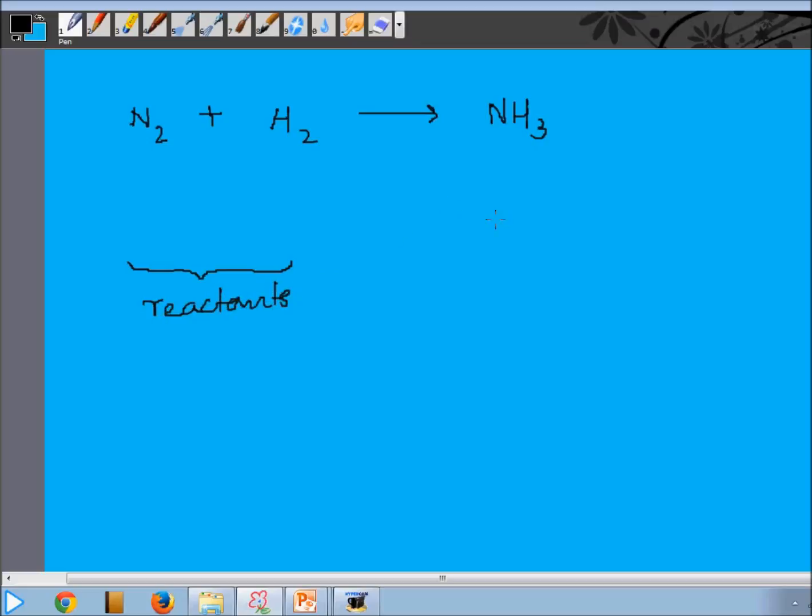The stuff present on the right hand side, the one which we are going to obtain at the end of the reaction, is called products. So the substances that we take initially are called reactants, and the new substances which are finally obtained are called products. Together this form of writing them is called a chemical reaction.